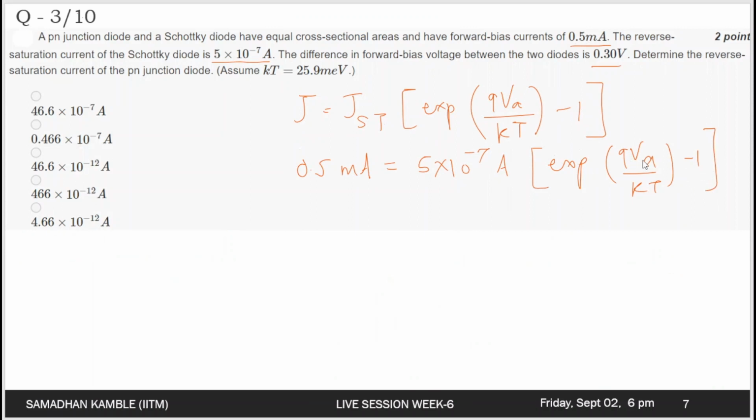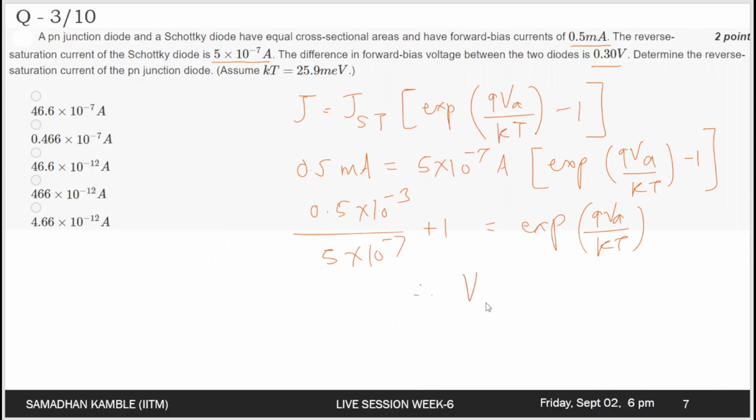So from this we can find out the value of VA. If you just rearrange this equation, 0.5 times 10 to the power minus 3 divided by 5 times 10 to the power minus 7, plus 1, will be equal to exponential of QVA by KT. If you take the ln on both sides, the exponential will get cancelled.